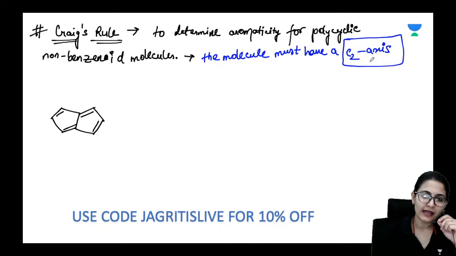So if the molecule is having a C2 axis, what do you have to see?